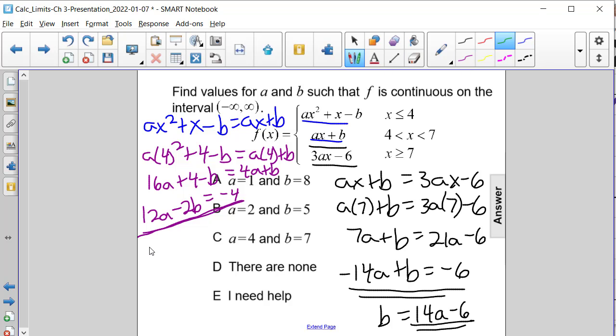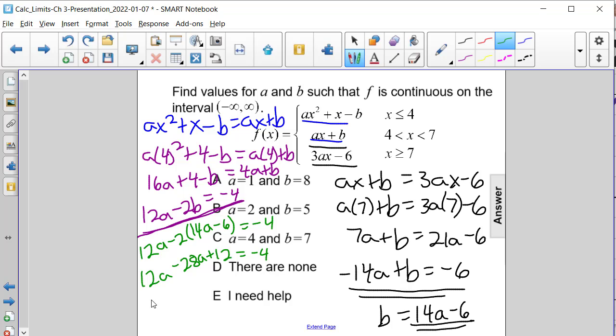When we do that, we'll have 12a minus 2 times 14a minus 6 is equal to negative 4. So we'll still have 12a, then we'll have minus 28a plus 12 is equal to negative 4.